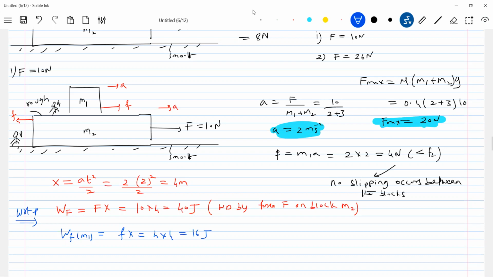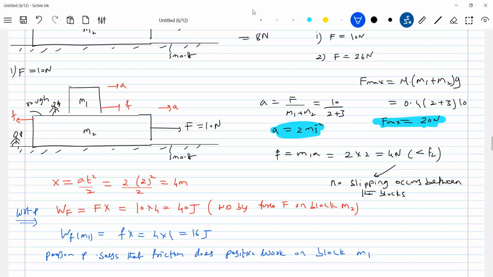Look at this one. So what does person P say? Friction does positive work on the block M1. Okay, so person P, what is the comment? Person P says that friction does positive work on block M1.